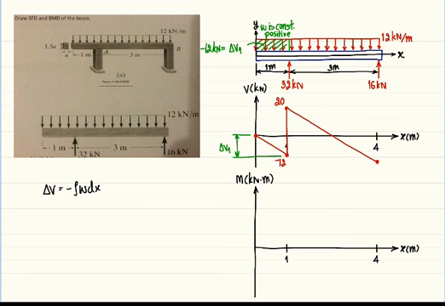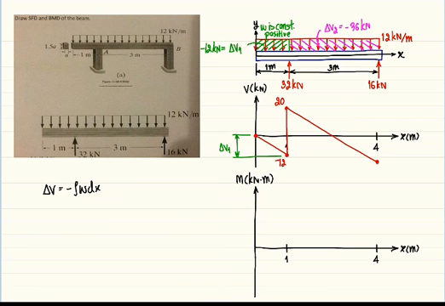Yes, and this value can be found from the area under the graph, this area. This delta V2 is 36 kilonewton. It's negative.